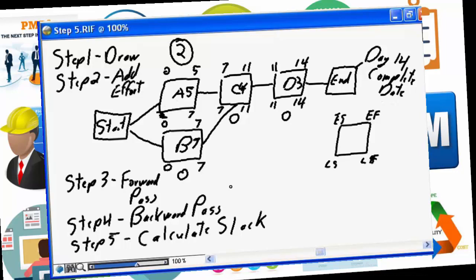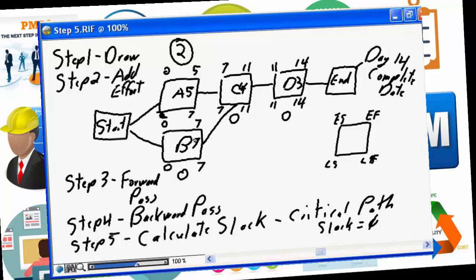The opposite to the definition of slack is critical path. And critical path is any task where the slack equals 0. So this tells us B to C to D is our critical path.